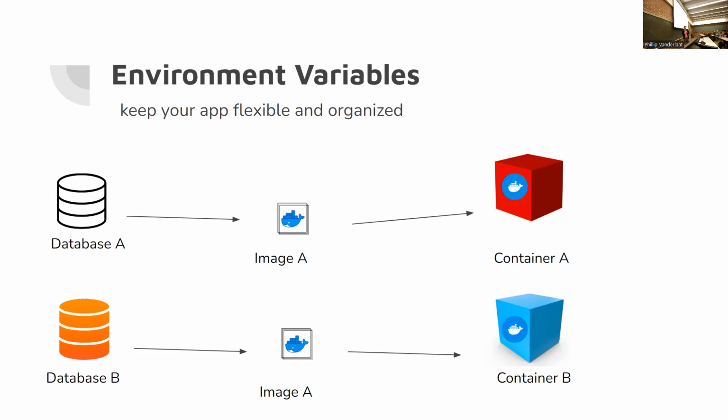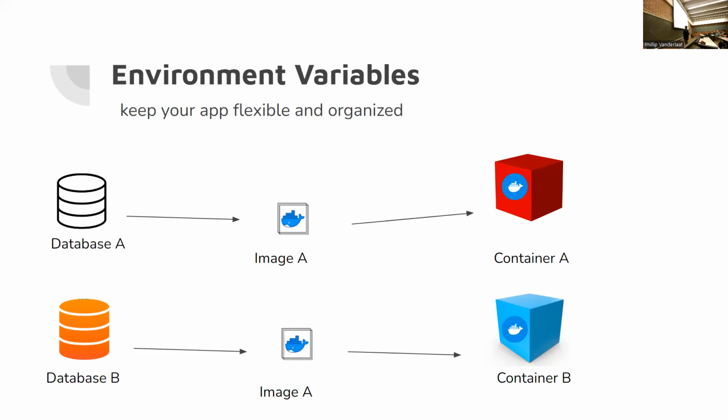So for instance, in the Clubfinity app we work on, one environment variable we use is whether the app is connected to the production or development database. We don't need two completely separate code repositories for this.